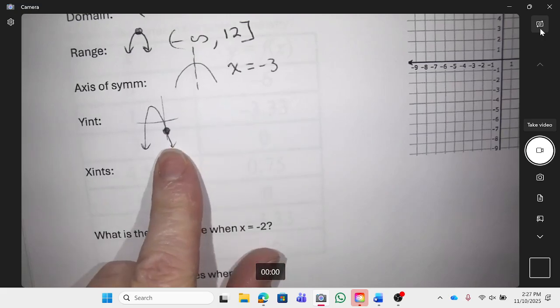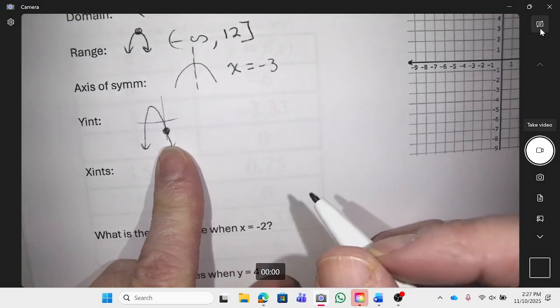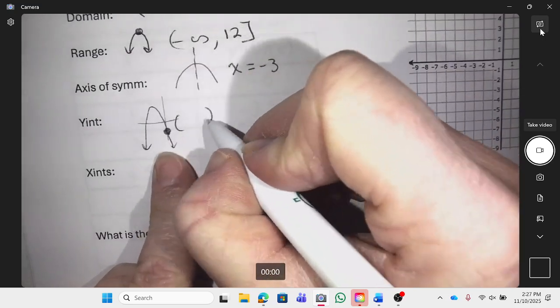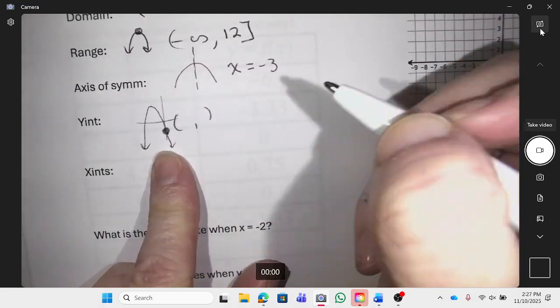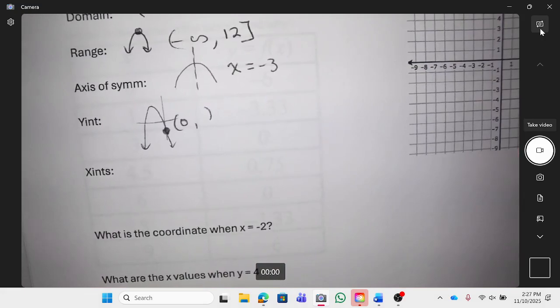Next is my y-intercept. So that's here on the visual. What do we know about this coordinate right now? There's something we do know for sure without the calculator. What's that? What do we know about this coordinate right now? 0 for the x. It's 0 something.